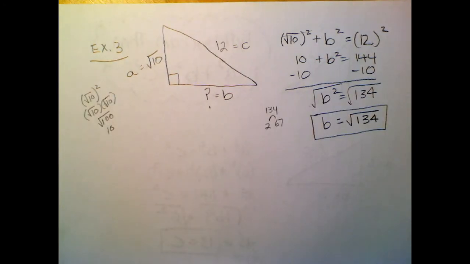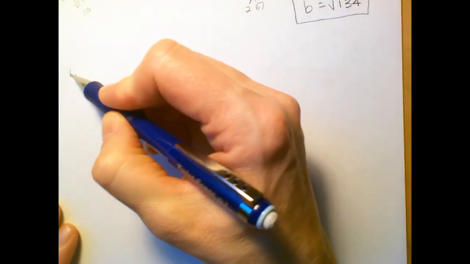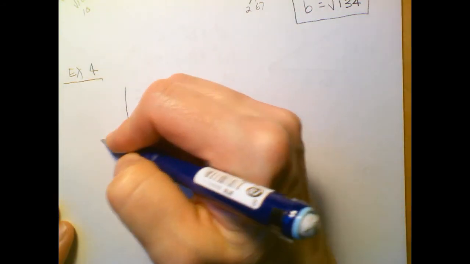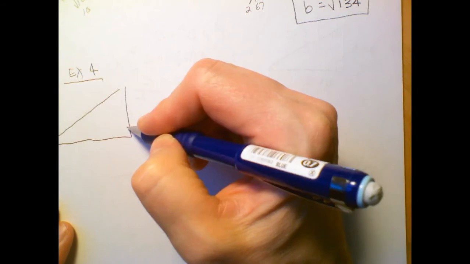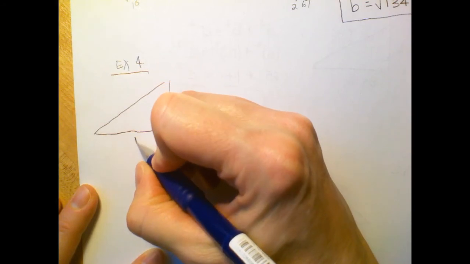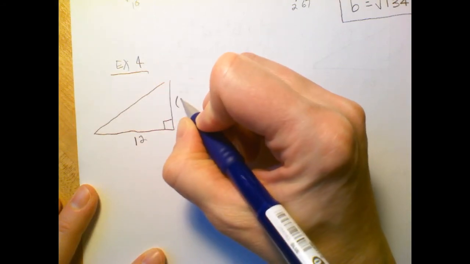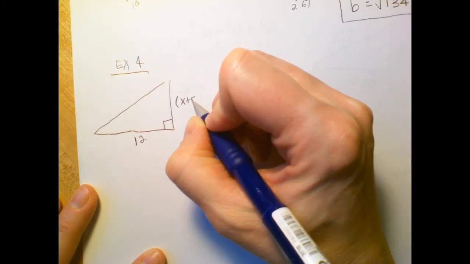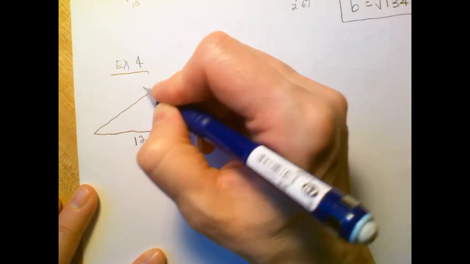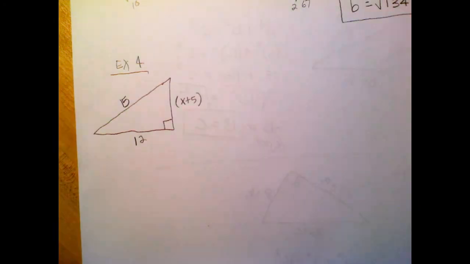Okay, example 4. So here's my right triangle. One leg is 12, one leg is x plus 5, and the hypotenuse is 15.